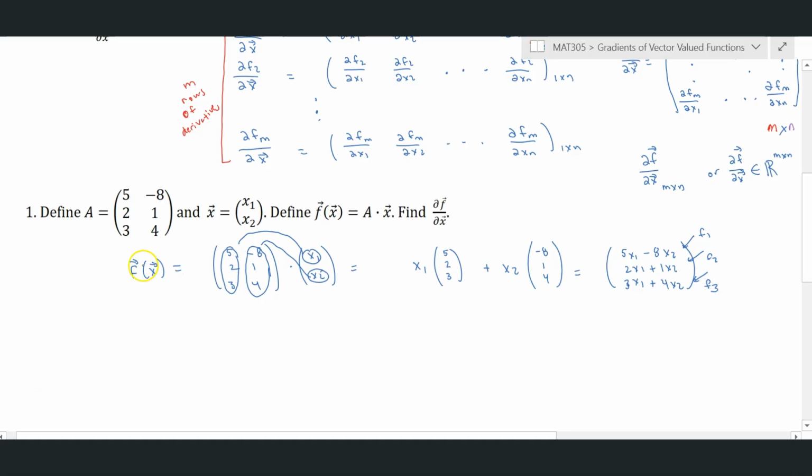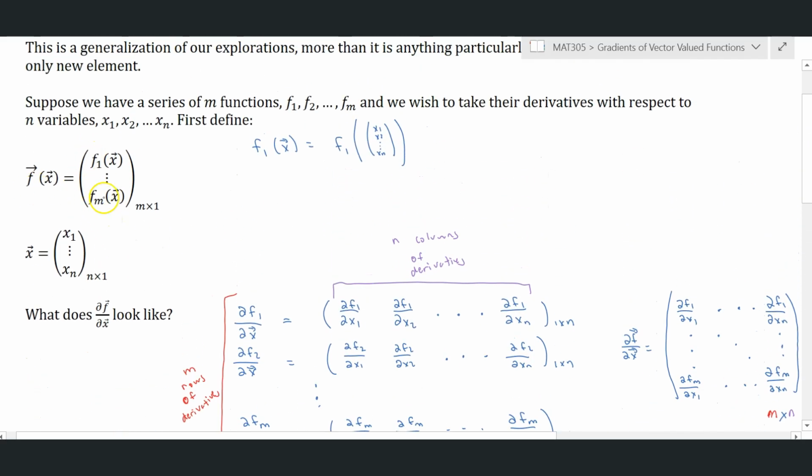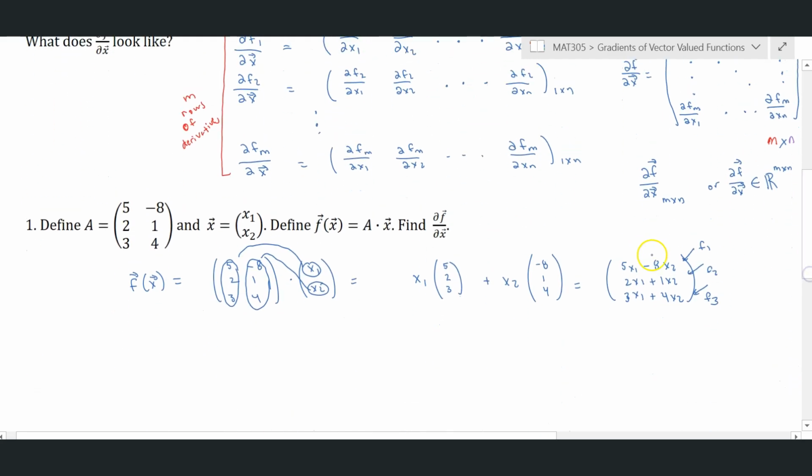Why? Well, because the function is this vector, and this vector is a 3 by 1, and from our notation up here, the number of rows that it has is the number of functions that we are dealing with. So we're going to define each of these to be functions. And notice we have 3 functions and 2 variables.